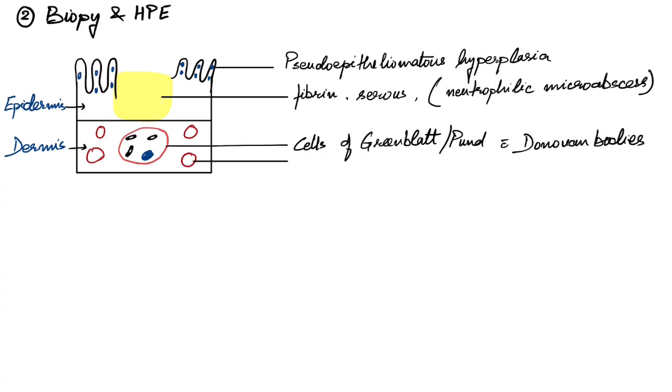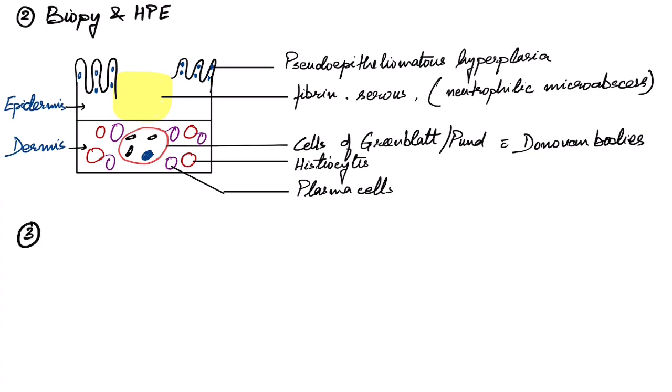There will also be other inflammatory cells predominantly. So these are the inflammatory cells, predominantly histiocytes, and it will also contain plasma cells. Lymphocytes are less in number.